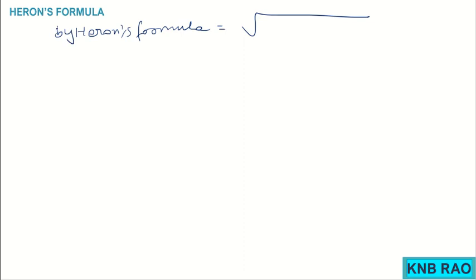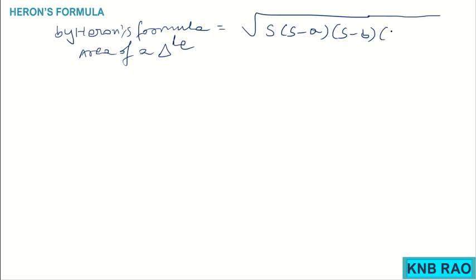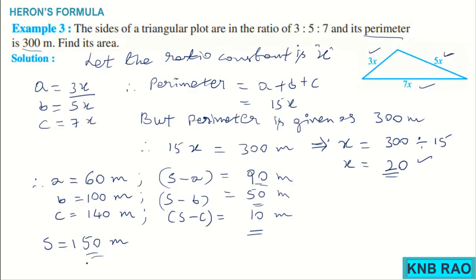By Heron's formula, area of a triangle is square root of s into s minus a into s minus b into s minus c, which implies s value we already know, s value is 150 and s minus a is 90 and s minus b is 50 and s minus c is 10.